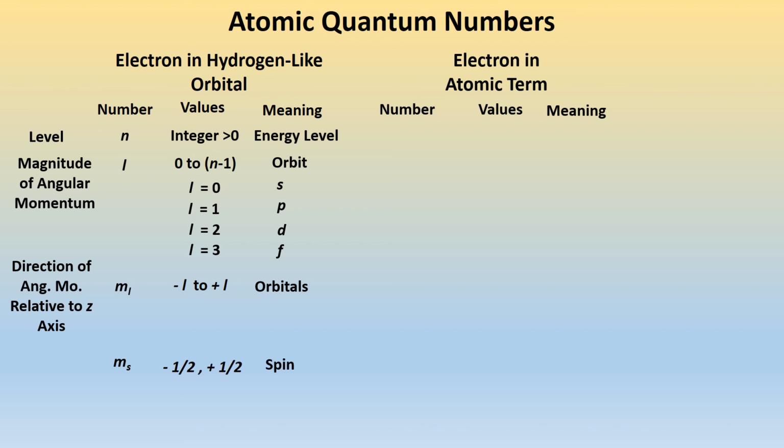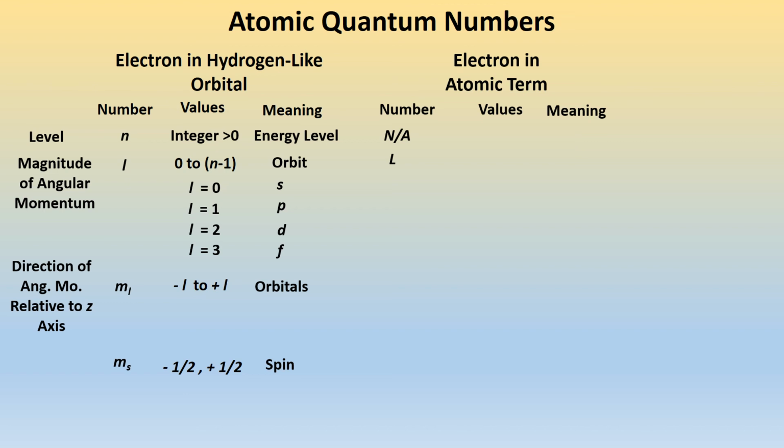Now, to build all the electrons into an atomic term, it's simply a matter of translating the electronic quantum numbers. In this case, the energy level of an individual electron does not matter, since the sum is the only thing that matters.